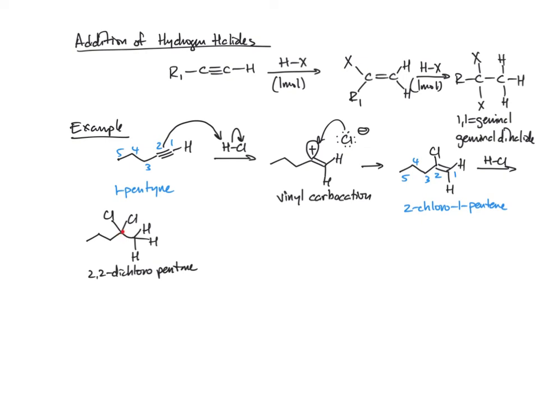Now we're installing 2 chlorines at the 2 position, 2 hydrogens at the 1 position. But the presence of these chlorines now adds polarity to this molecule. And again, the functional groups impart properties to the molecule that we as humans use in our civilization to make life as we know it possible.